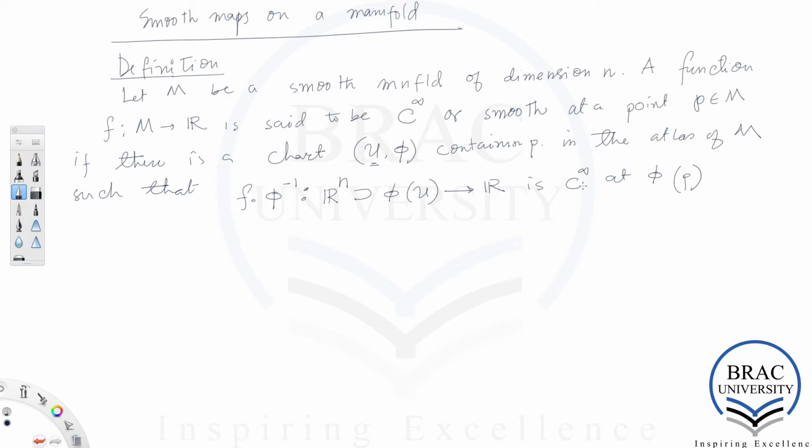The smoothness of this map, which is a map from a subset of R^n to R, means that we can study it using our knowledge of multivariable calculus that we studied in our first lecture. This is precisely the reason we studied various aspects of multivariable calculus in the first lecture.